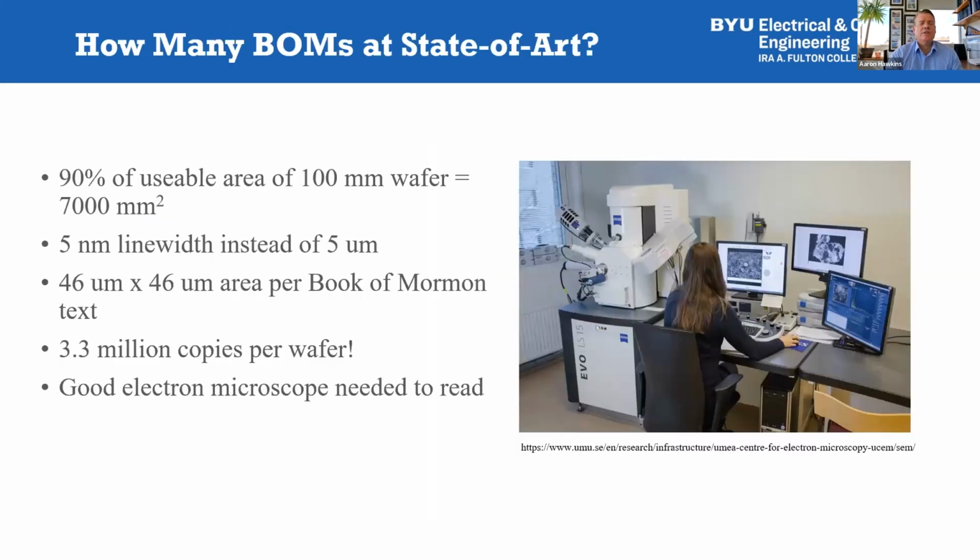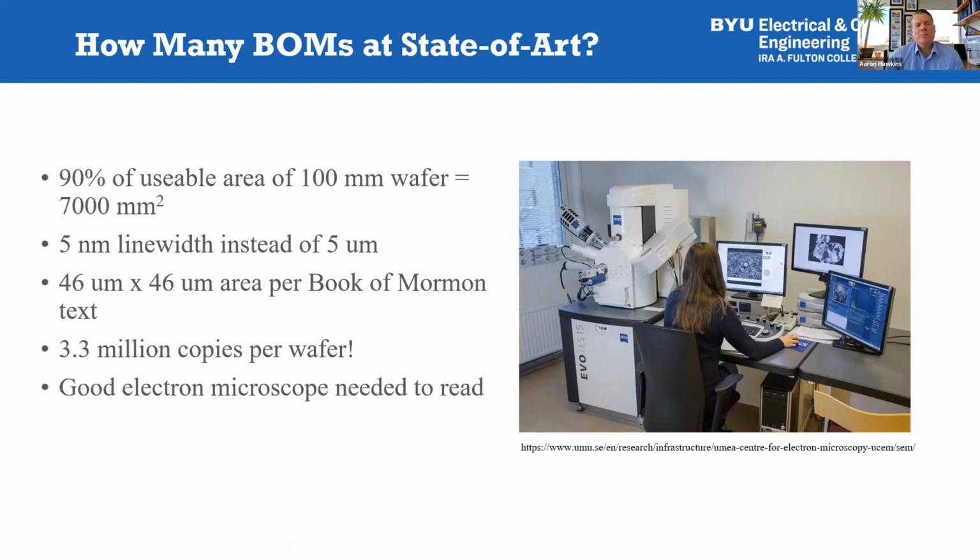But an interesting thought experiment is if you could make these Book of Mormon wafers at 5 nanometer line widths instead of 5 microns, how many could you fit on the wafer? Calculating that out, you could get the whole Book of Mormon onto the size of a letter that we used in micron scale lithography.